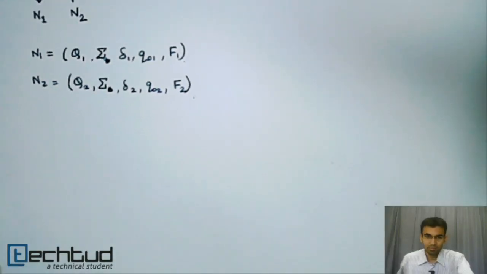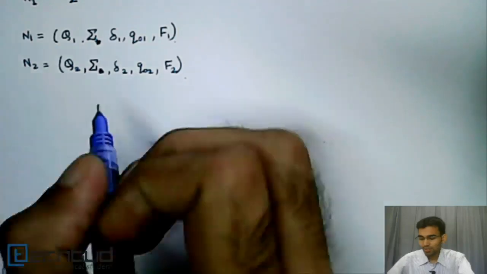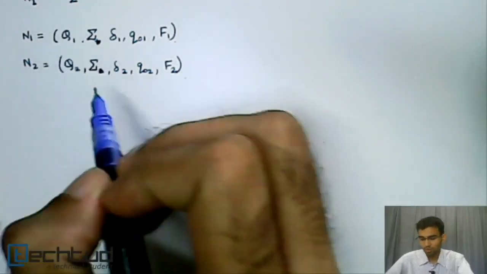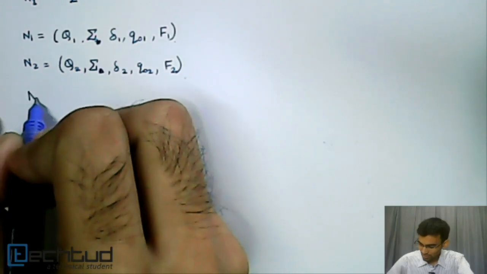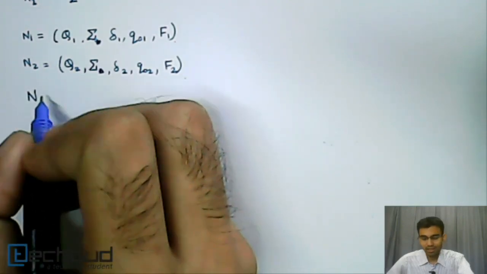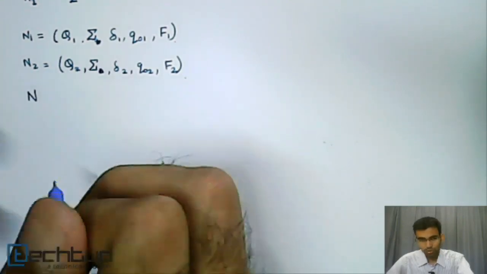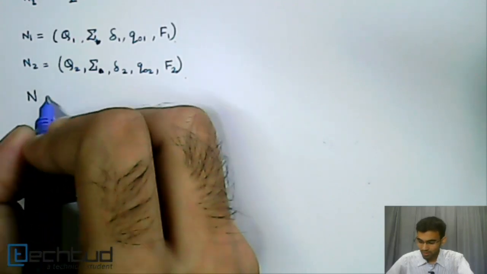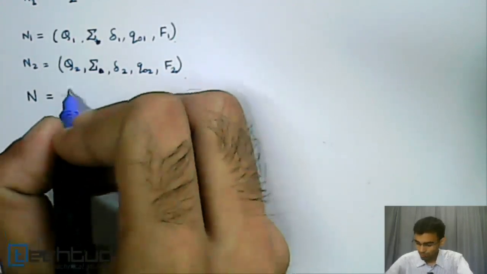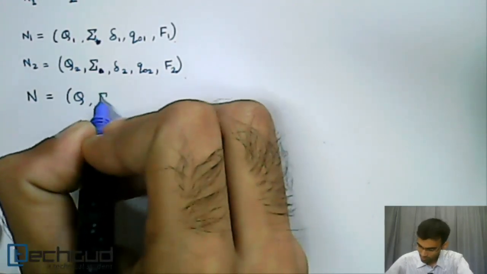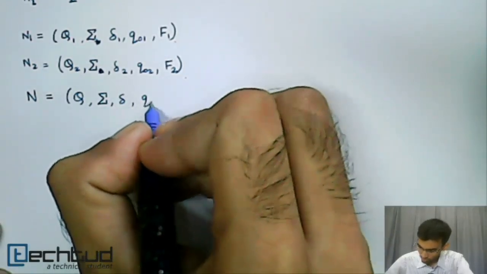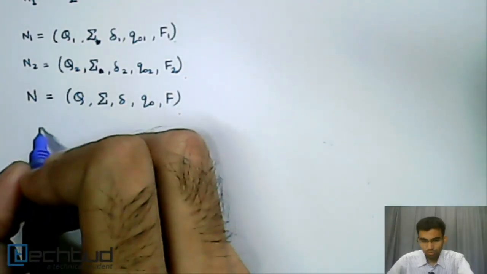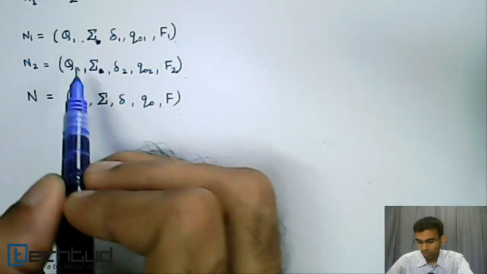The next step that we take is the cross product of the states Q1 and Q2. So we construct an NFA N for the intersection, and N is going to be defined as Q, sigma, delta, Q0 and F, where Q is going to be the cross product of Q1 and Q2.